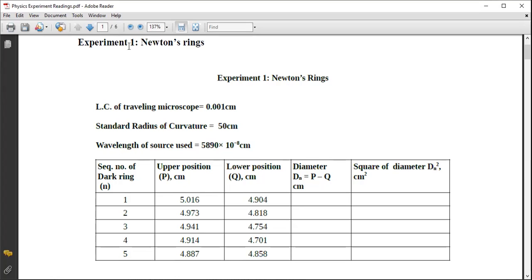Okay, so let me now go back. Everyone has written the readings for the upper and lower positions for the first ring, second dark ring, third dark ring, fourth dark ring, and fifth dark ring.